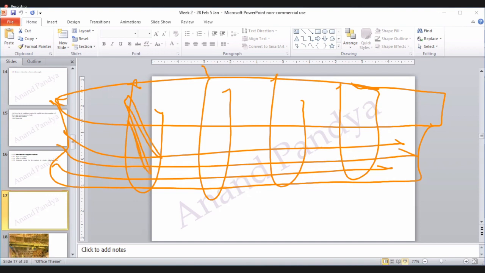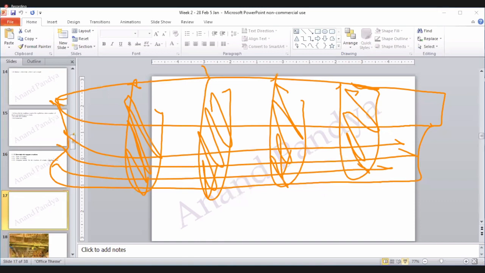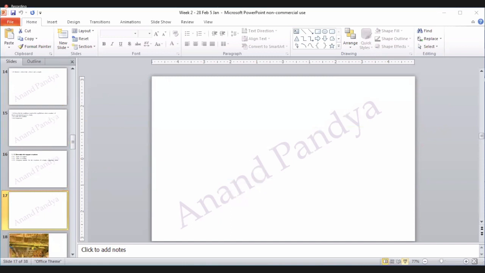Then there are bulkheads, partitions. Then there are different legs. There are beams inside, columns inside, etc. Now, we have to understand one particular thing.